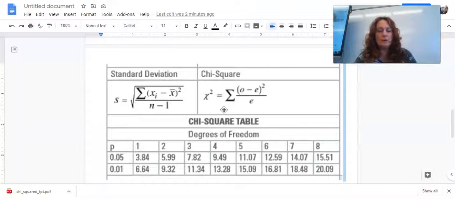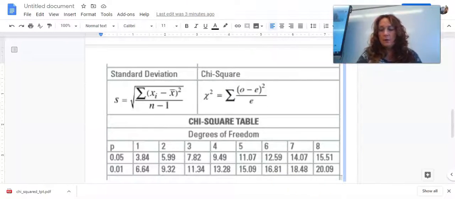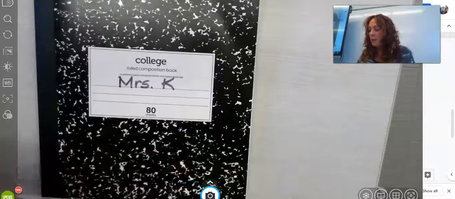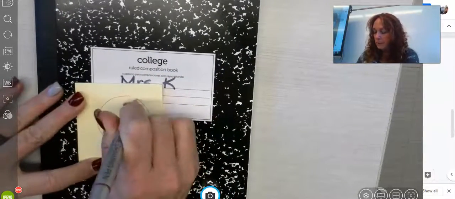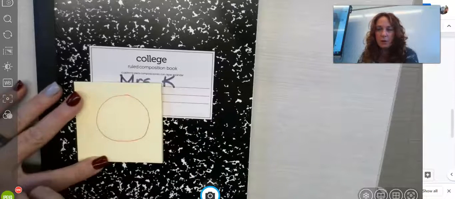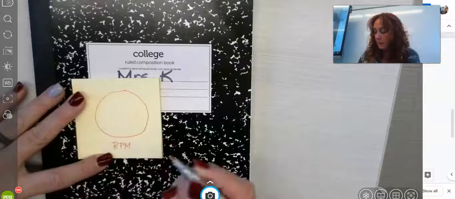I always like to think of it this way for what a critical value is. If you think about how a lot of times you have a gauge, and it looks like this. You've probably seen this in your car. Let's just do RPMs. Now I'm making this up.